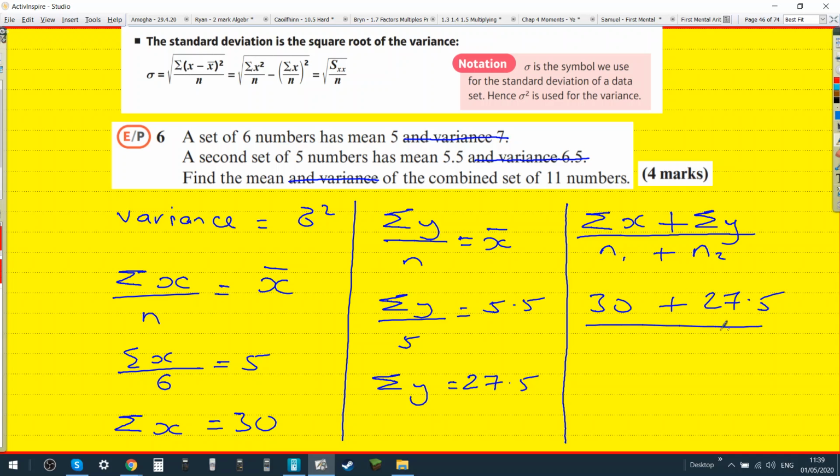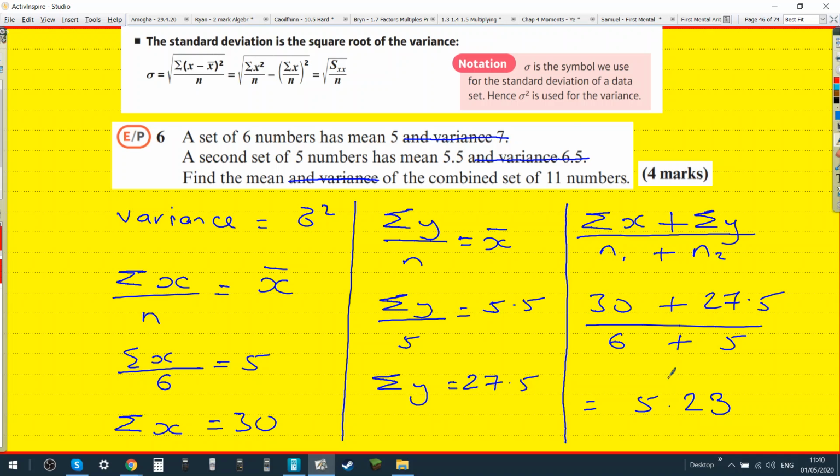So what do you have for that one? I got 5.227. Okay, I say 5.23. Yes. So you have to reverse to get the total x's, the total of the first one, the total of the second one, and then do the new mean, adding those up.